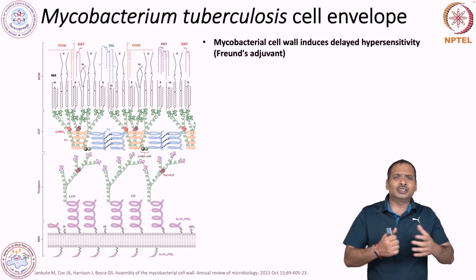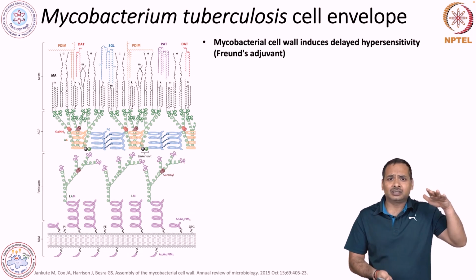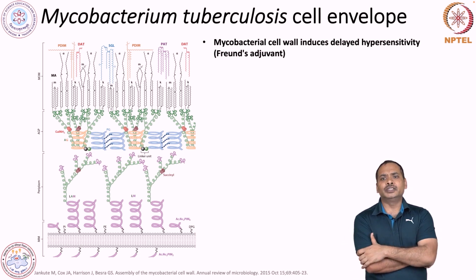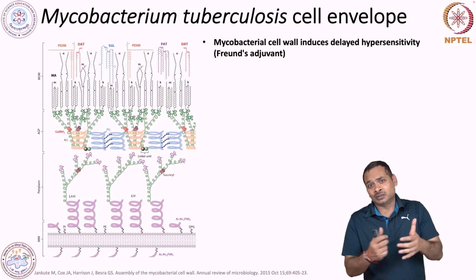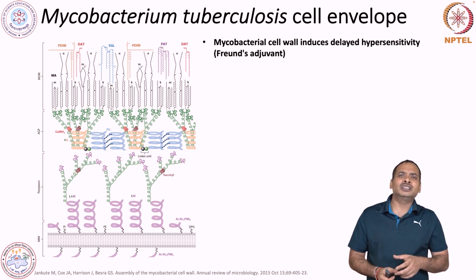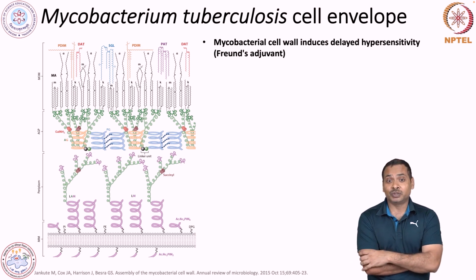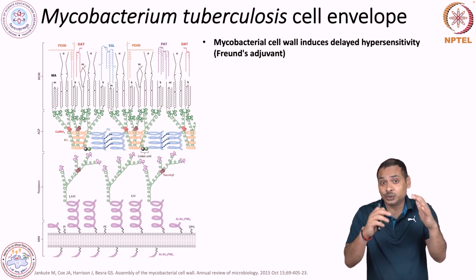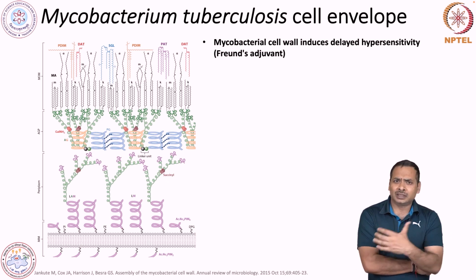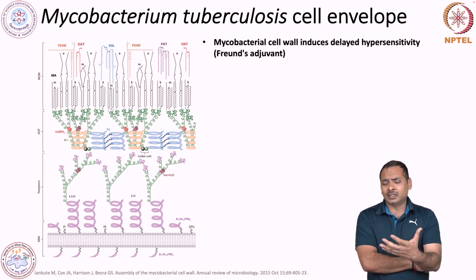Now, what is the function of this thick envelope? The mycobacterial cell wall induces delayed type hypersensitivity. If it is injected into an animal or human, it will induce delayed type hypersensitivity, and due to this property, it is used in complete Freund's adjuvant.